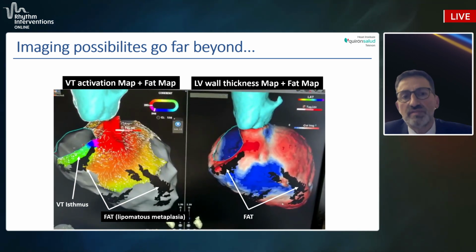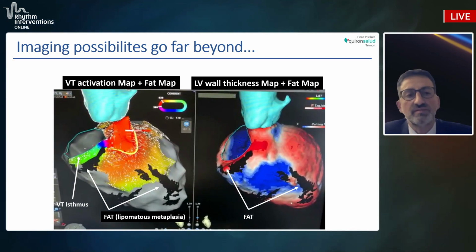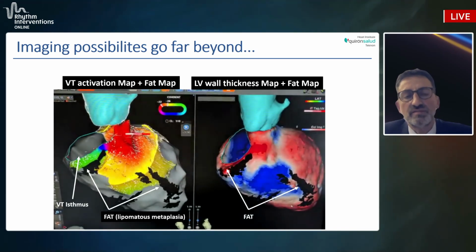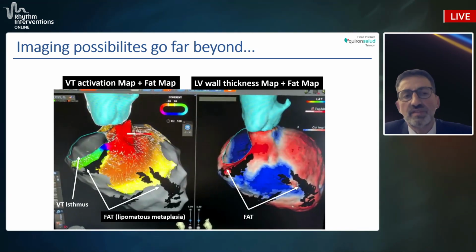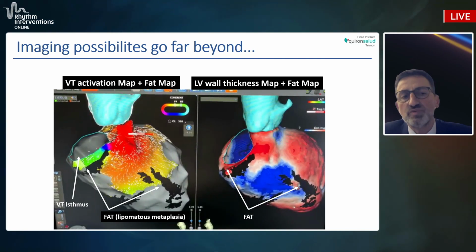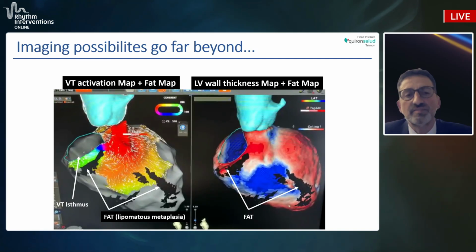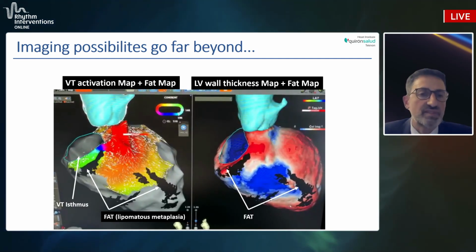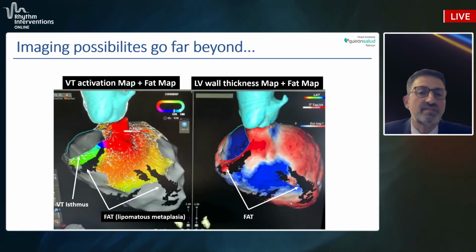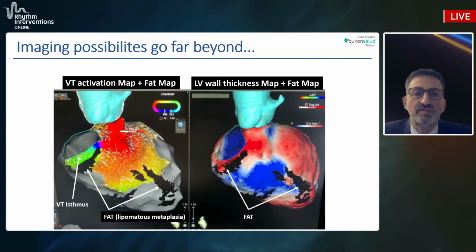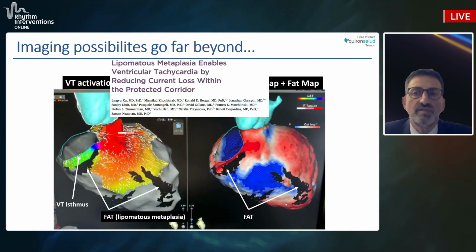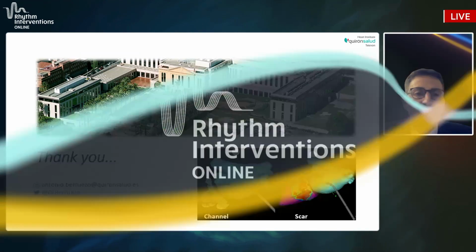Now we have the movie. Here you can see the VT circulating and using the isthmus, which is created by the fat deposition here and the mitral annulus. I'm convinced that this can really facilitate ablations a lot. Thank you for your attention. This is all.